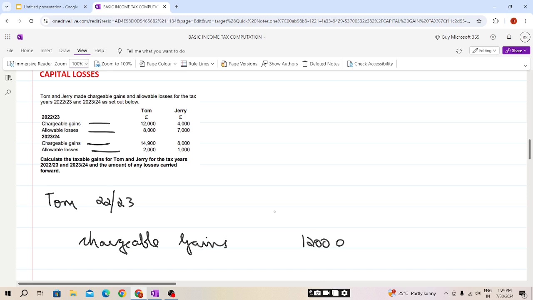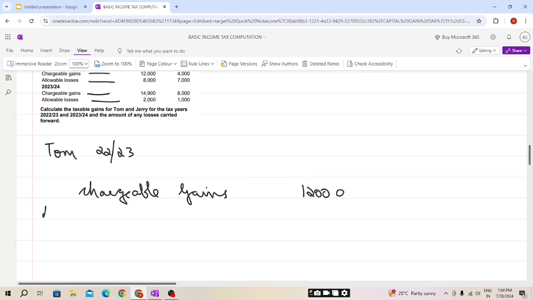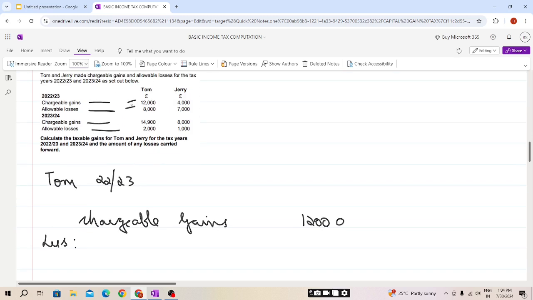I hope this is clear, students. Then less allowable loss. Please do remember the format. Step 1 was the calculation of the chargeable gain or chargeable loss. They have given it, so step 1 has been done. Now we need to calculate step 2, that is net chargeable gain, which will be chargeable gains less allowable loss.